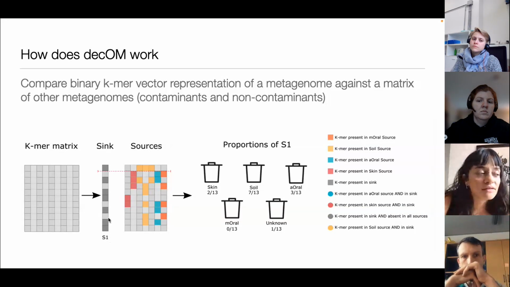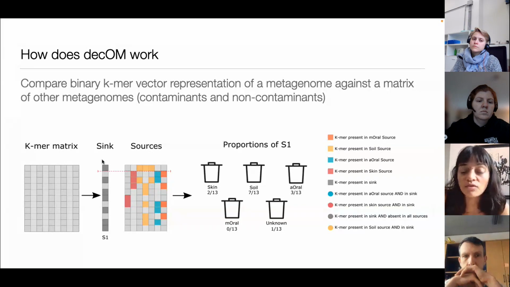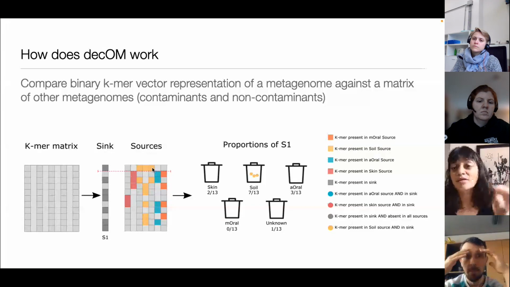So if you see this sink here, your sample of interest, the darker gray represents a k-mer that is present in the sink. In this case, we can see that it's present in the sink, and it's also present in 3 of the sources. And these sources are labeled as soil sources. So I'm going to put 3 balls in the bin of soil.